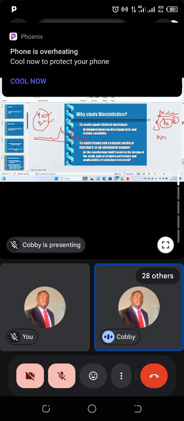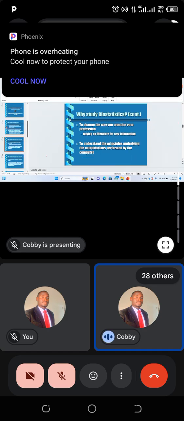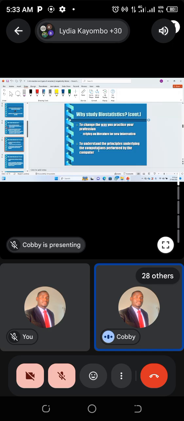So, when you read literature, please check for this. If you find time today to read an article, check for the study design that was used and also the data analysis method which was used to analyze the data. Any questions so far? Are we together?